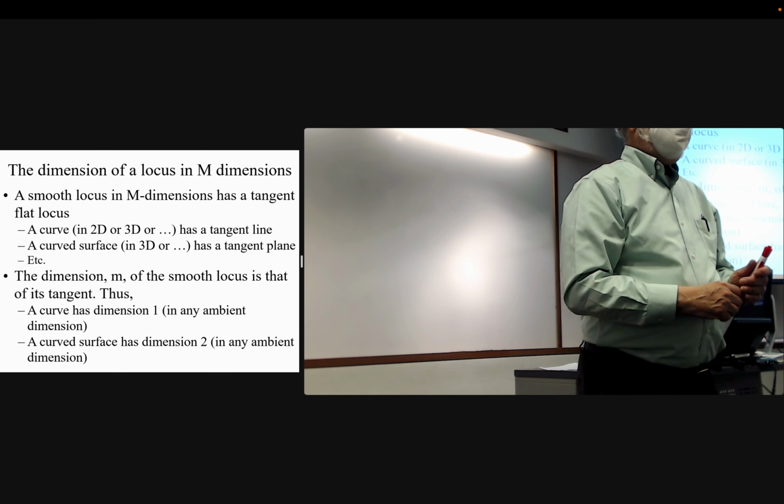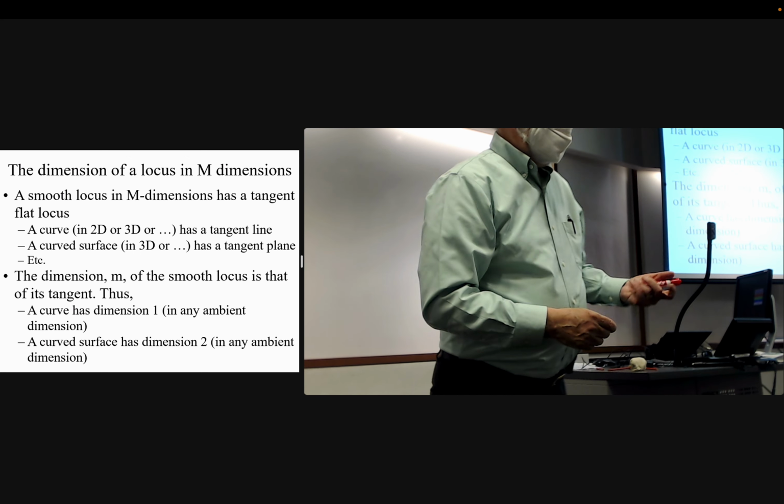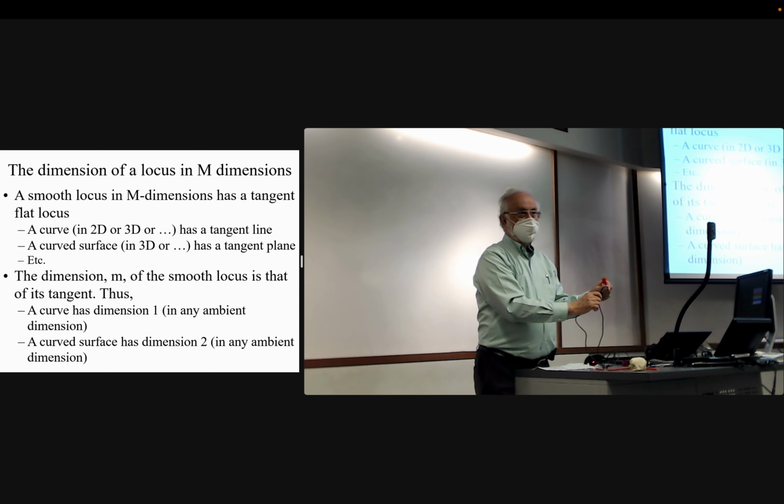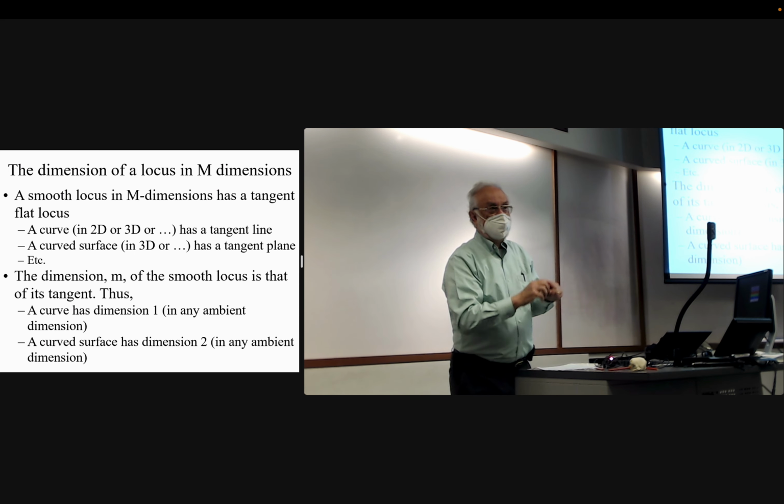And so a curve in 3D has a line, and you have only 1 degree of freedom. Plus, positive or negative, you can walk forward or backwards along the line.